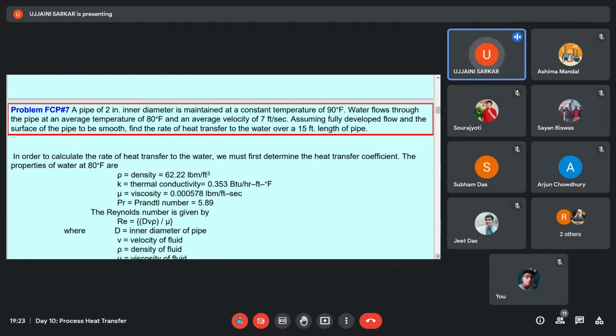So from zero velocity, there is a maximum velocity at the center of the pipe. So there is development of boundary layer. That's why we leave the first few inches of the pipe, and then we start applying Dittus-Boelter or any other equation only under the fully developed flow region.